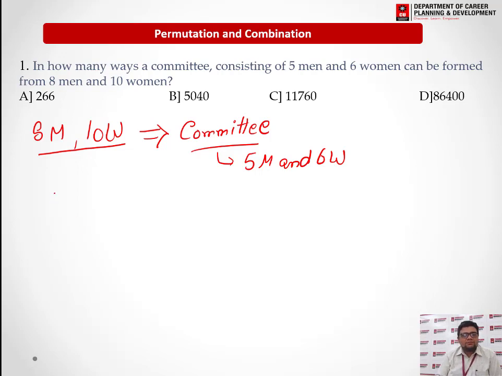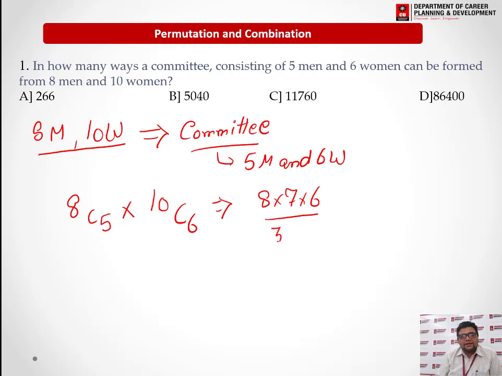So for 5 men, 8C5, multiplied by, out of 10 women I have to select 6 women, so it will be 10C6.